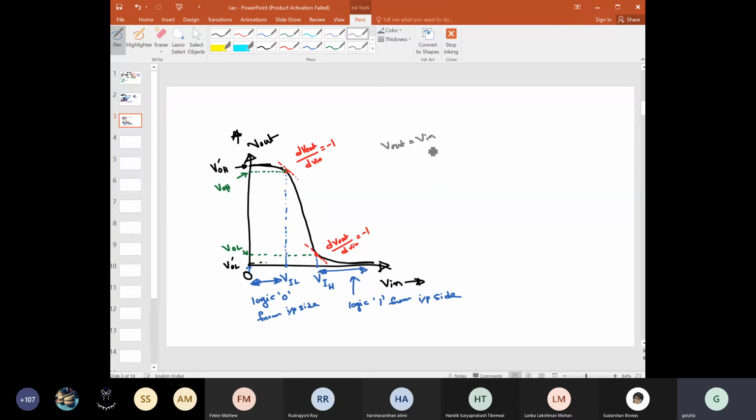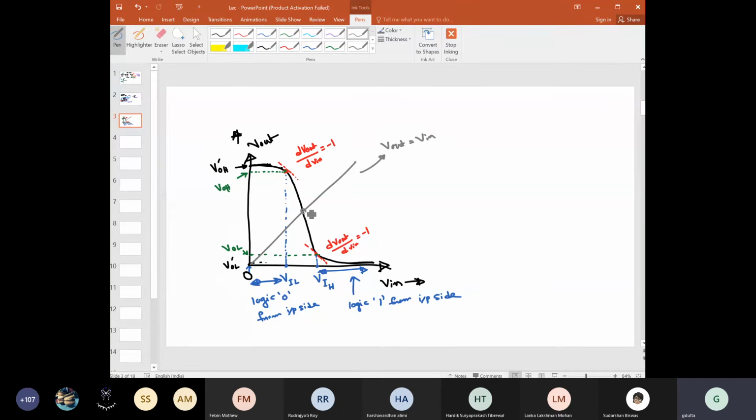basically this is a straight line with a slope of 1. So let us plot that. This is this line, with a slope of 1. This line will intersect the voltage transfer characteristics at a particular point.